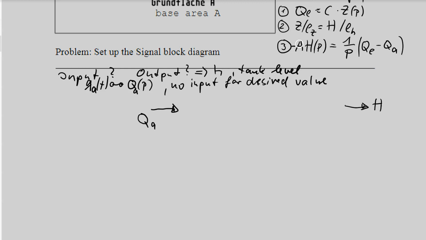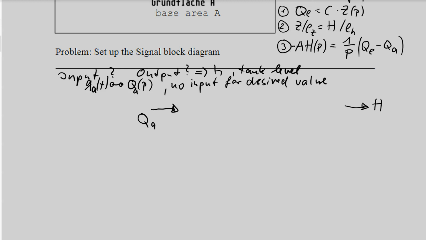H of p, so I start with the third equation. Of course, I could also start with the second equation because this contains also an H, but I today prefer the third equation as starting equation, because then I get a signal block diagram which fits to our closed loop system. Yeah, H on both sides I divide by minus A.